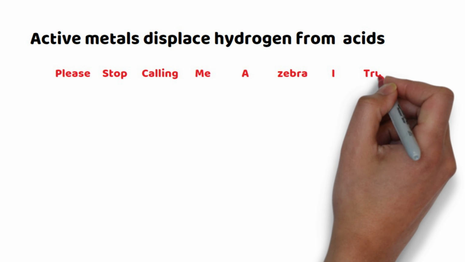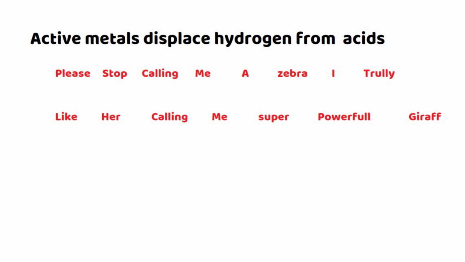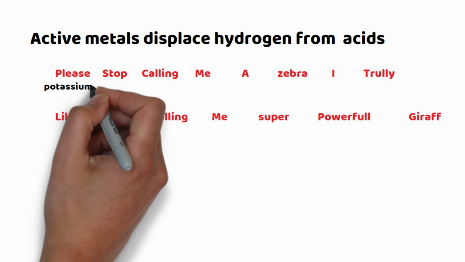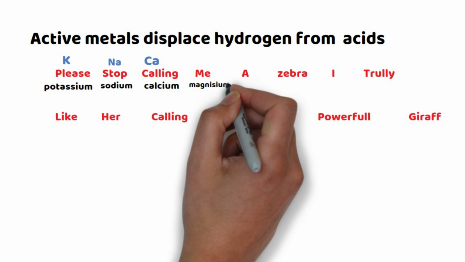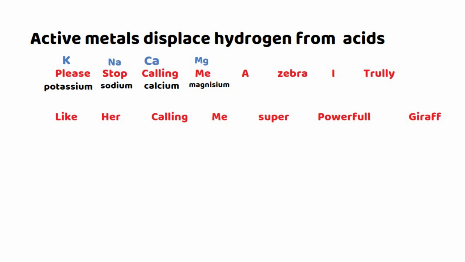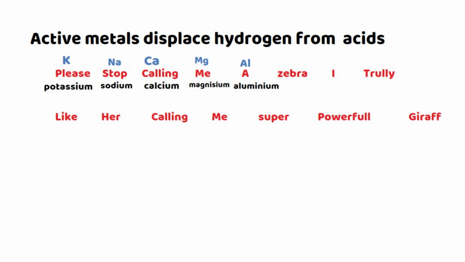Please stop calling me a zebra. I truly like her calling me a super powerful giraffe. Please, for potassium, symbol K. Stop for sodium, symbol Na. Calling for calcium, symbol Ca. Me for magnesium, symbol Mg. A for aluminum, symbol Al. Zebra for zinc, symbol Zn.